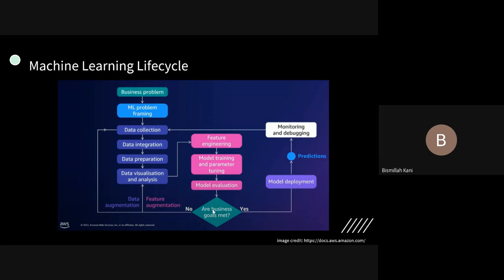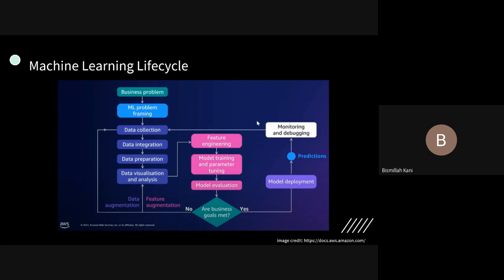After several iterative cycles of model building, training and tuning, finally you will meet your business goal. Once you meet the business goal, there is an approval process, and then it is approved for model deployment and model consumption by the end users. Once the model is deployed, the story doesn't end there. The most critical and sometimes the most missed out part in the entire machine learning lifecycle is monitoring and debugging.